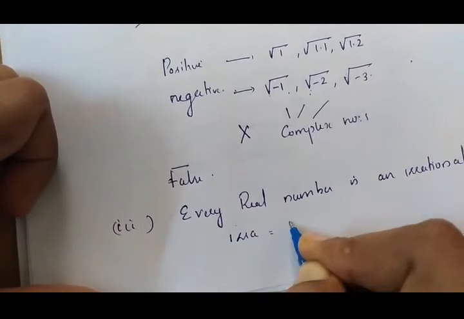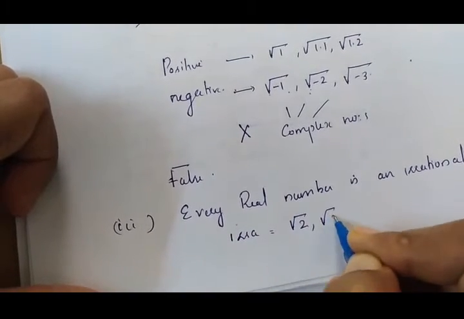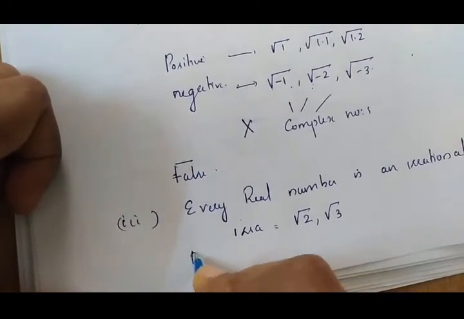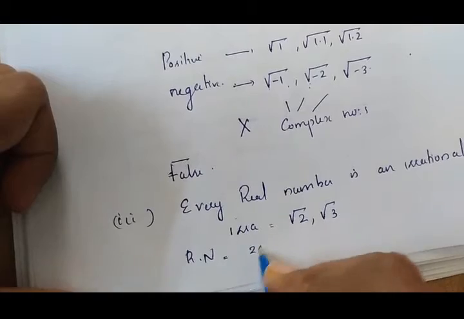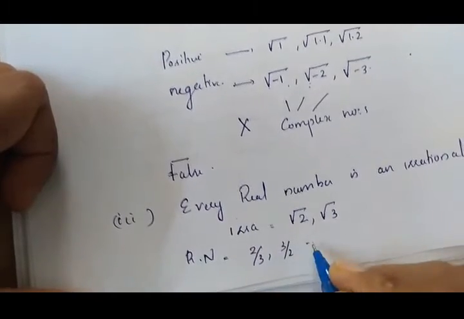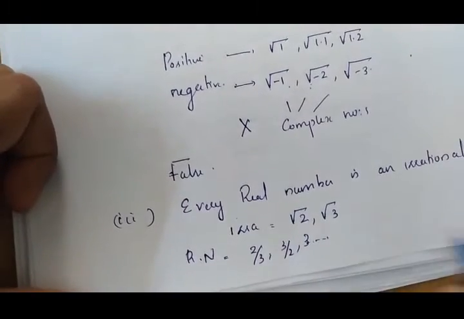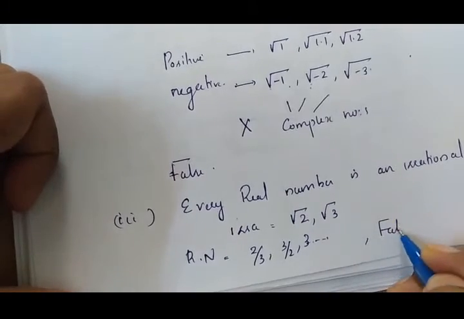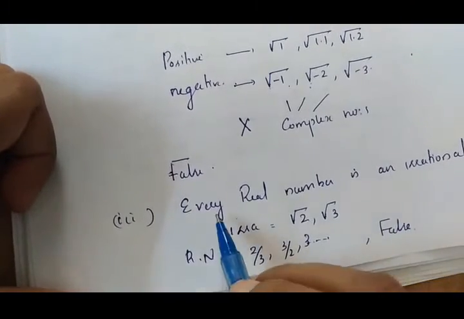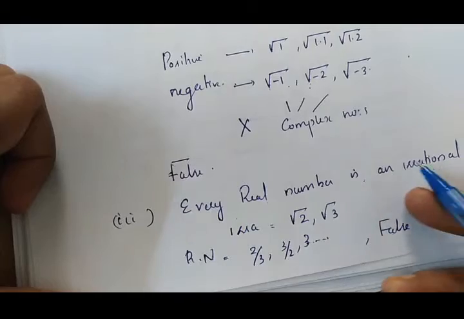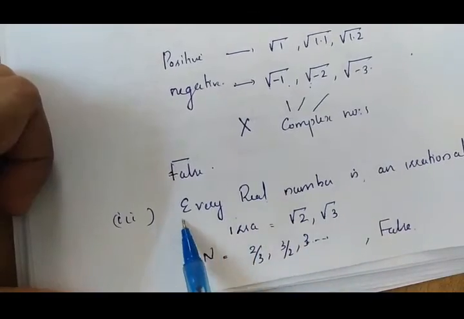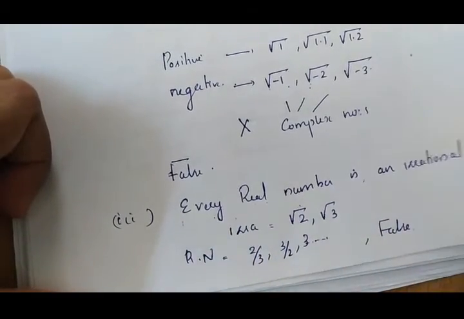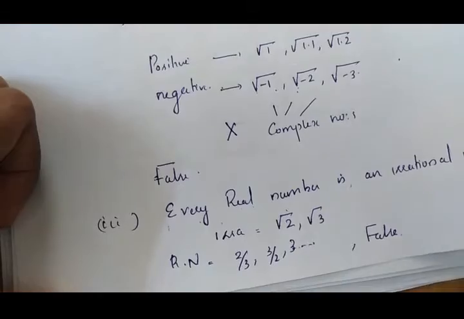Irrational numbers are in the form root 2, root 3, etc. But real numbers consist of numbers like 2 by 3, 3 by 2, 3, etc. So this statement is false. Every real number is an irrational number is false. But the reverse is correct: every irrational number is a real number. But the statement that every real number is an irrational number is a false statement.